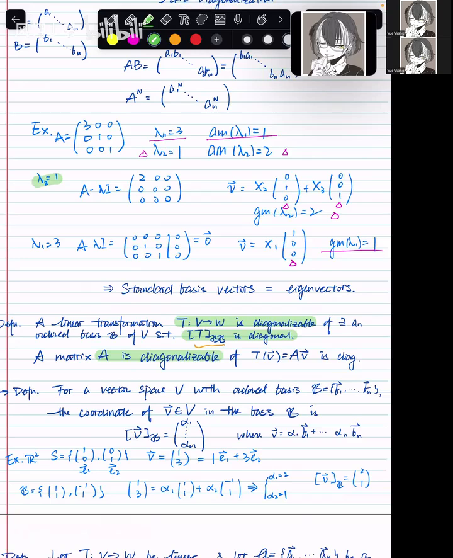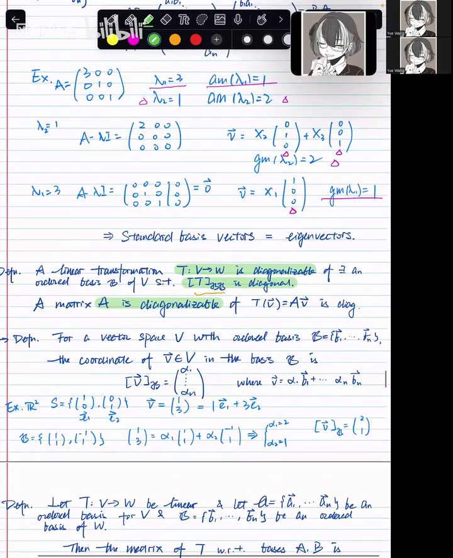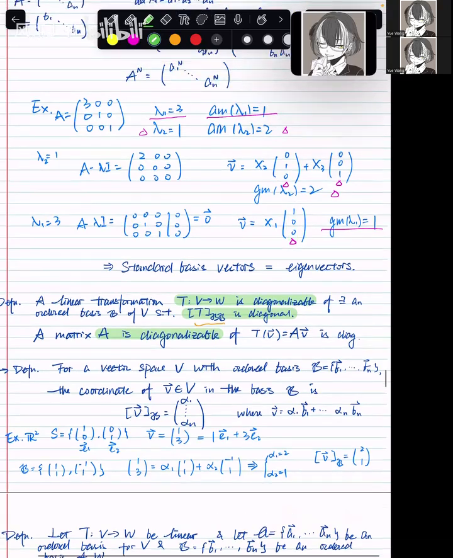Same thing for lambda 1. We compute A minus lambda 1 I, and that matrix only has two nonzero entries right here. So our eigenvector is 1, 0, 0, or the span of 1, 0, 0, so the geometric multiplicity is 1. In this case, the standard basis vectors are the eigenvectors.